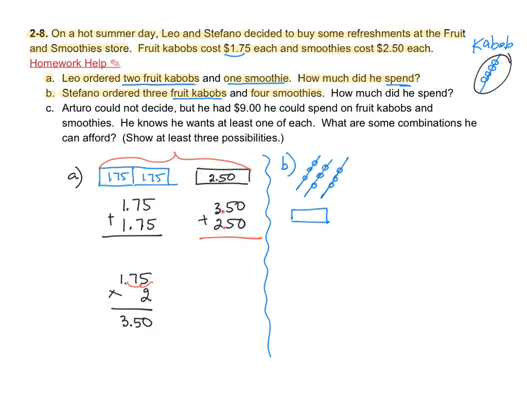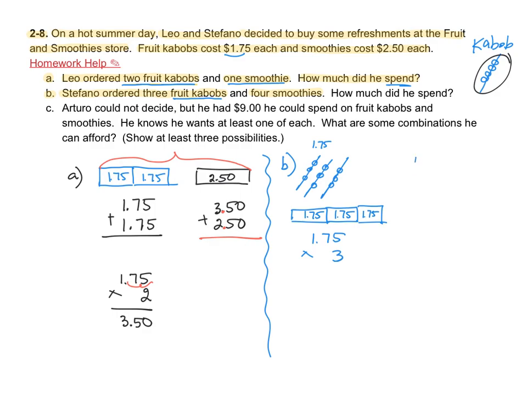So I would naturally either add all 3 separately, $1.75 for each, or multiply by 3. So whichever way you prefer. So you could be adding 3 groups, or you could multiply $1.75 times 3 for those 3 that he ordered. Now he also ordered 4 smoothies.